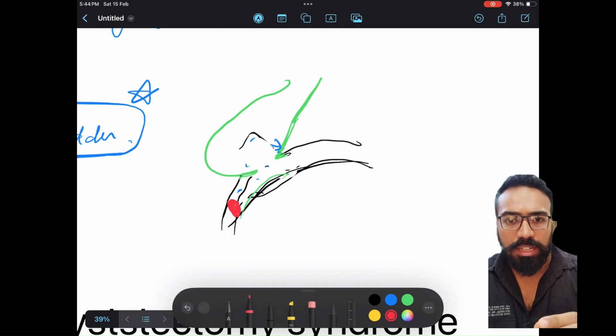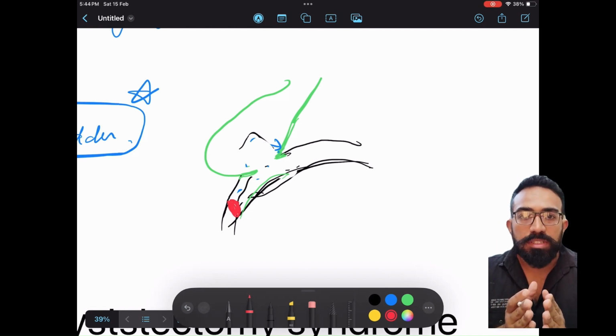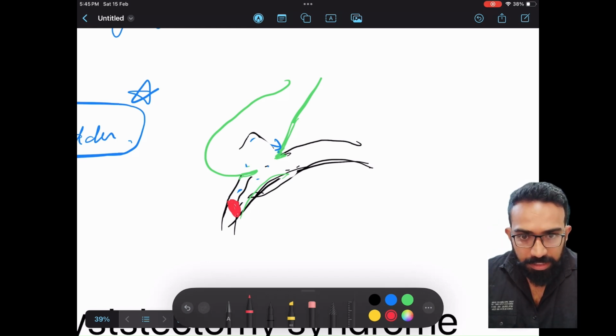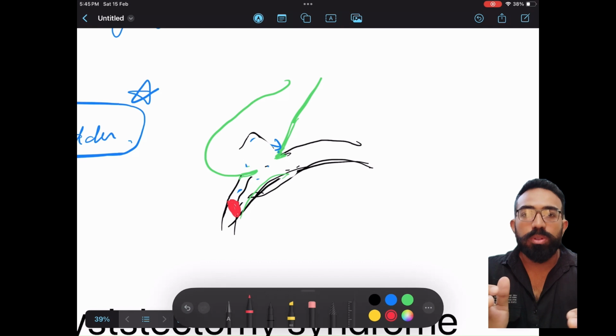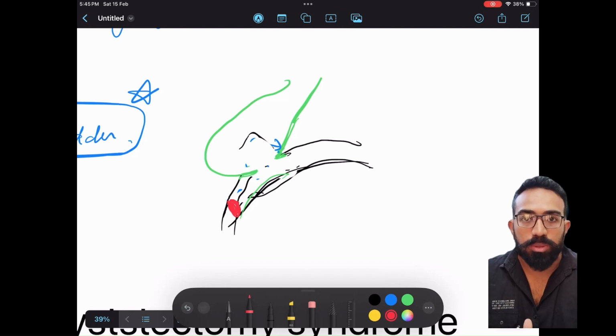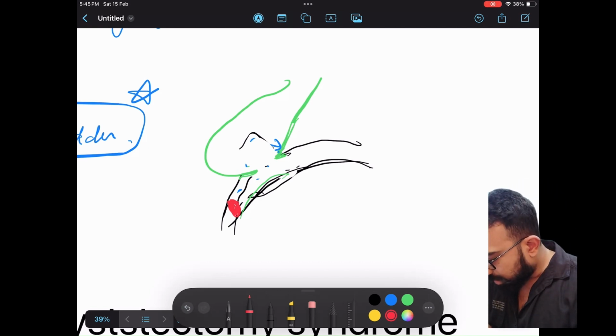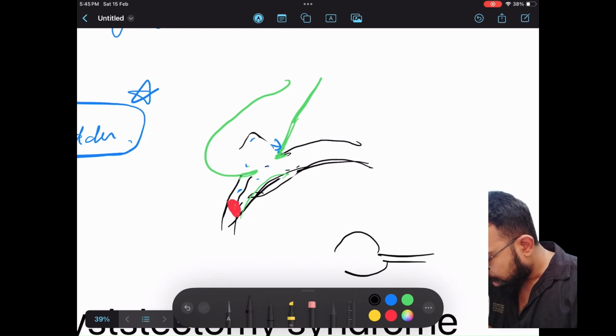It will obviously get obstructed in the part which has the smallest diameter. Which part has the smallest diameter in the entire lower alimentary canal, excluding the esophagus and stomach? That is the ileum. It will get stuck near the region of the ileum till the cecum. If this is the ileum, this is the cecum.